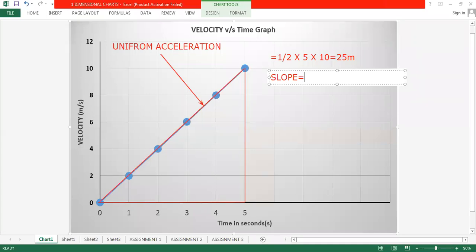I want the value. Very good. What is the slope of the line? Brilliant. All of you, what's the slope of this line? You will find the slope of the line is 2. And look at our table here.